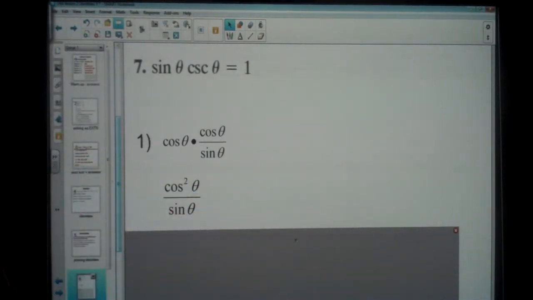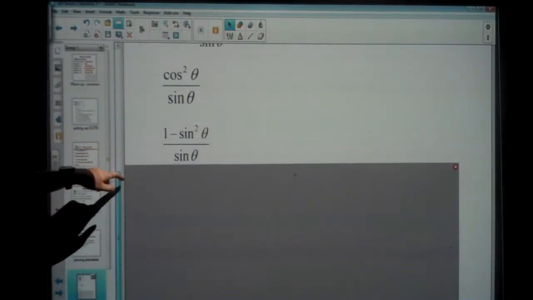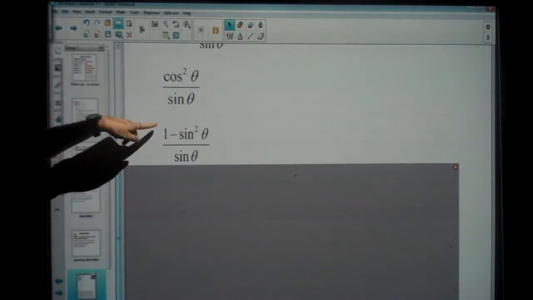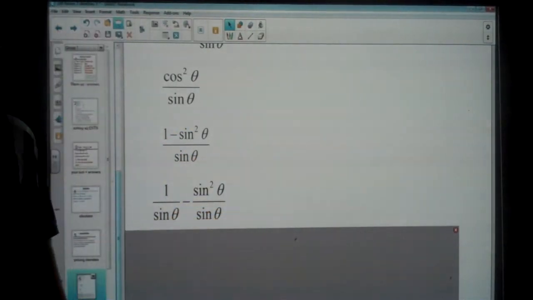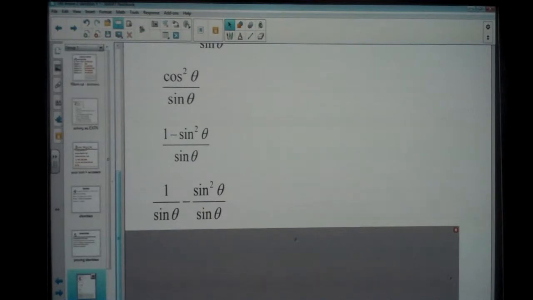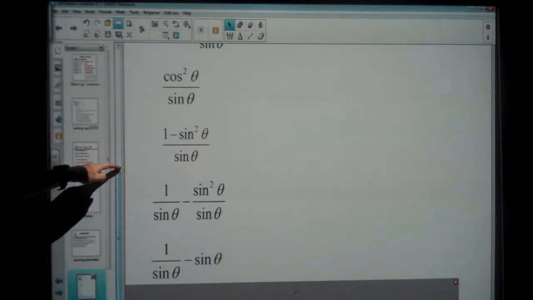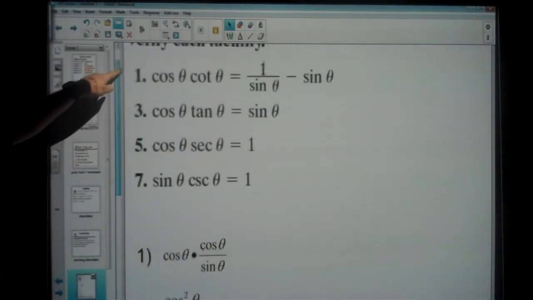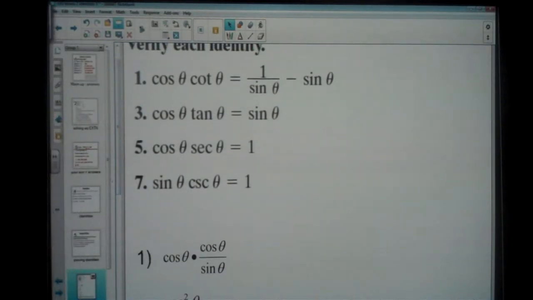So cosine squared we can write as 1 minus sine squared. And then now we can actually split this fraction up into 2. We can say this over this minus this over this. And then actually now we do have 2 terms. Now if we simplify this, sine squared over sine theta, we're just going to get sine theta. And I believe that's what it actually asked us to show. Let's just check. Perfect.